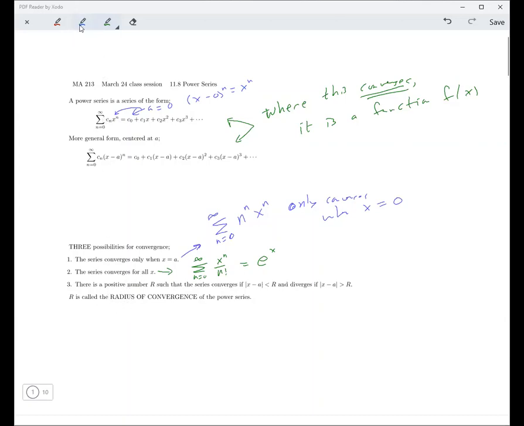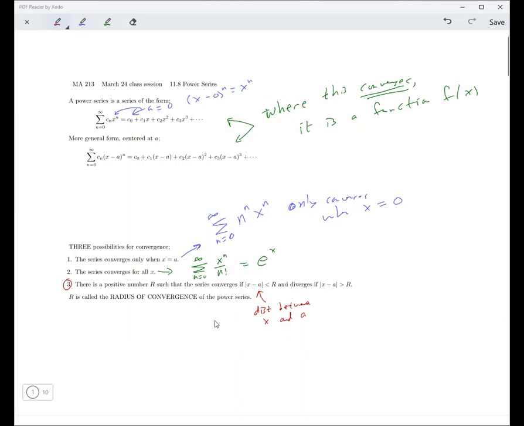And then the third case is that there is a positive number r such that the series converges for absolute value of x minus a less than r, the distance between x and a. So it converges when the distance is less than r, but diverges when the distance is greater than r.